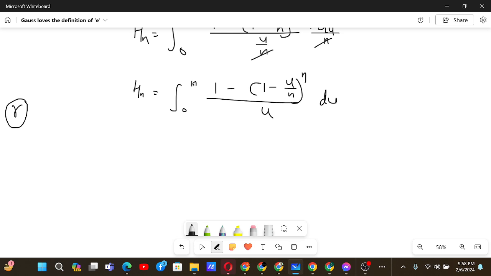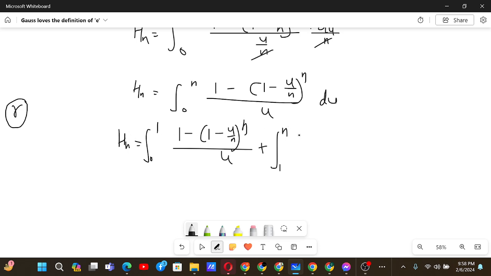But the integral is also going from 0 to n, and ln of 0 is minus infinity. So a clever change we can make is to let it go from 0 to 1 first, and then from 1 to n, and we can later take the limit where n goes to infinity.